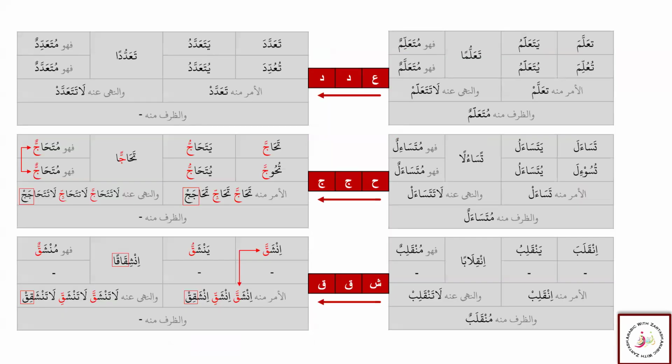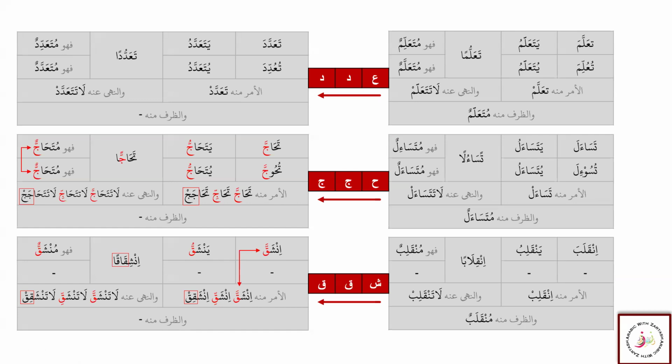Alhamdulillah. So these are the other families: Allama family, Tasala family, Inkalaba family, and by putting them in here, we know that for Allama and Tafa'ala, there is no irregularity. These are almost the same. We put Ain, Dal, and Dal: Addada, Yata'addadu. Then we have Tasala. Again, you can notice here we are putting Ha, Jim, and Jim.